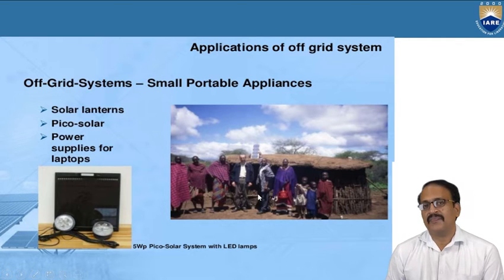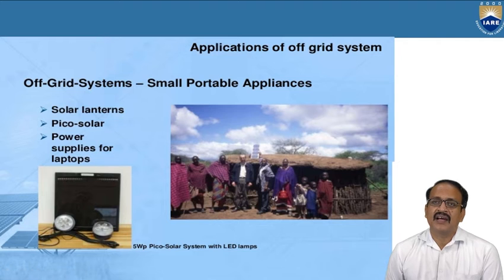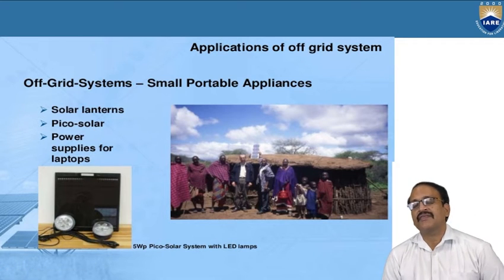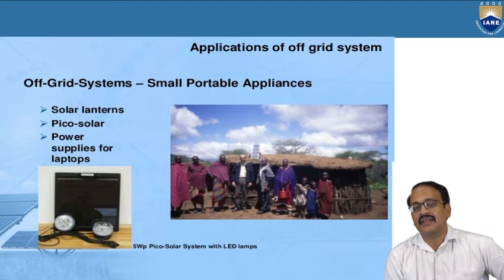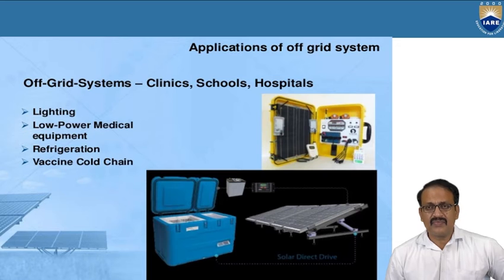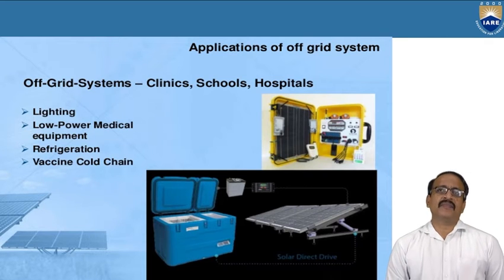Even to them we can practically give supply: a Pico solar system for the lamps and the laptop, and we can also give light to those people, with solar lanterns during the night. And also you will be having some type of equipment.